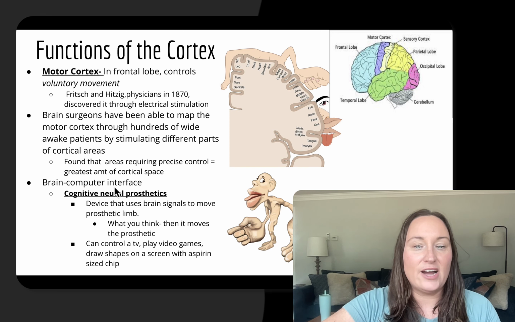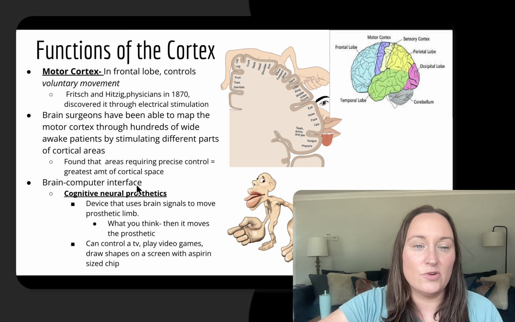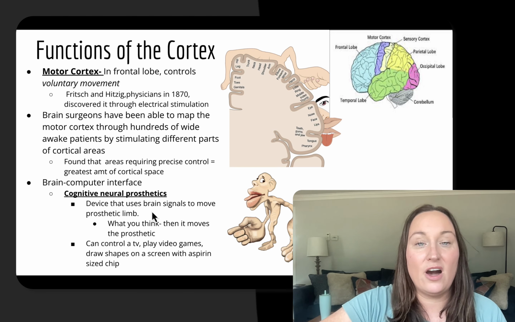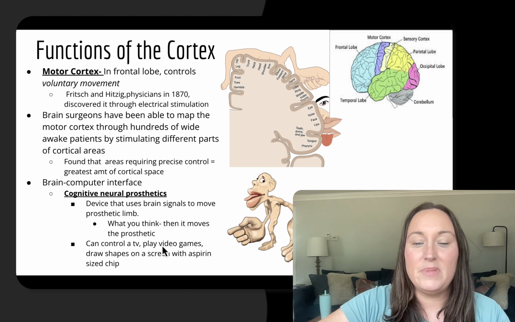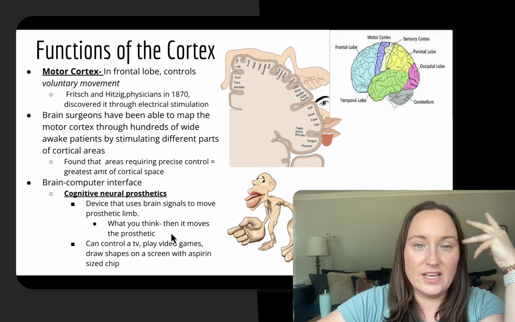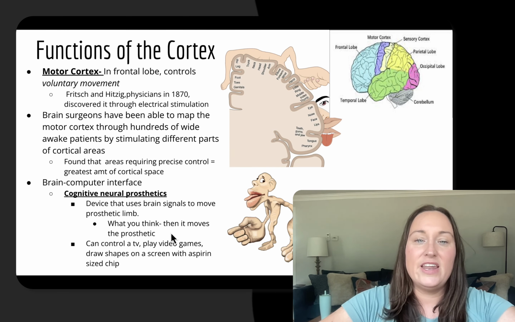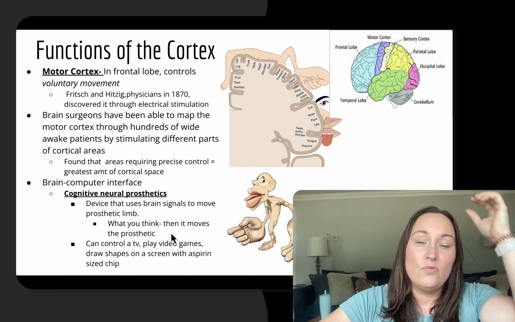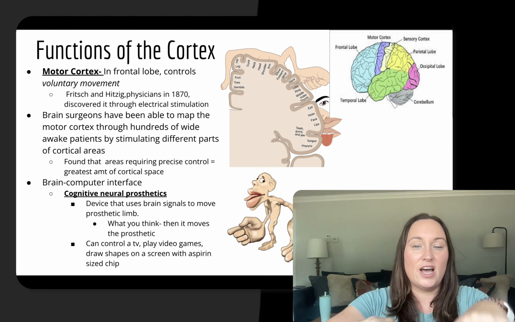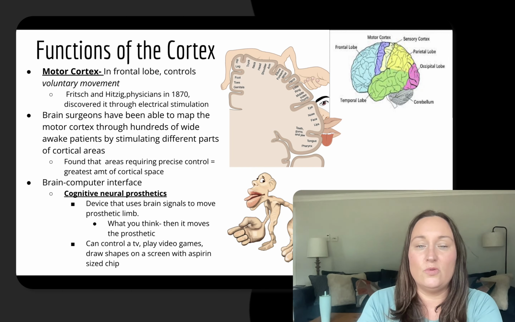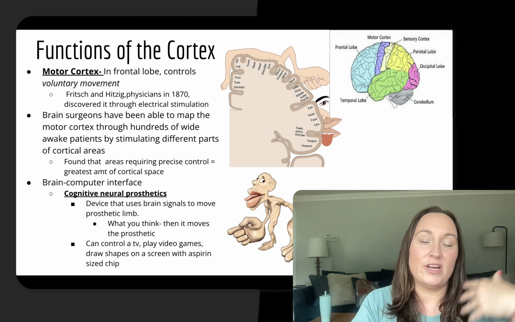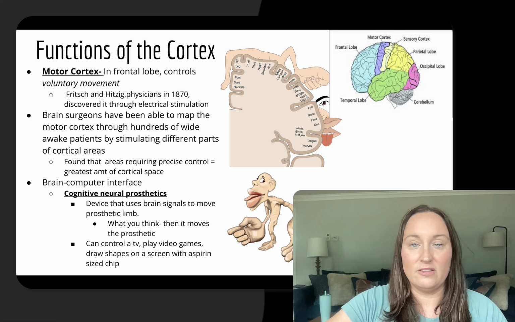But we can actually use this part of the brain, the motor cortex and the sensory cortex, to make cognitive neural prosthetics, meaning that we can connect that part of the brain that controls your left arm. And if you have lost your left arm, we can connect that part so that you just think about moving your hand a certain way to type, to play a video game, to walk if it's a leg, and the prosthetic will function and react just like your limb did before.